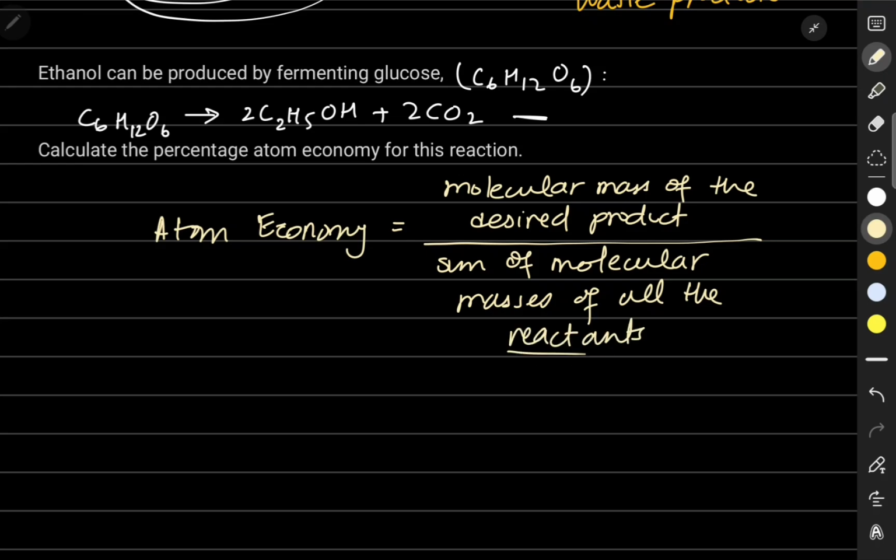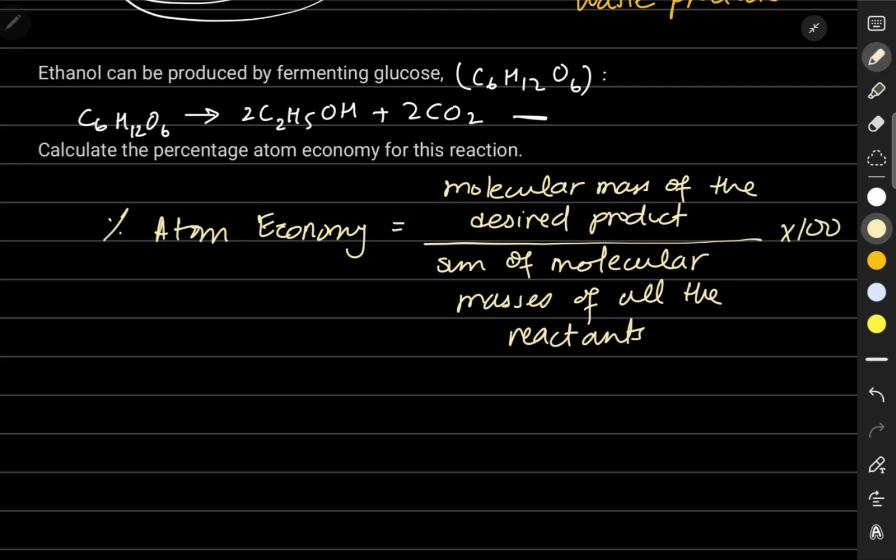I'm not writing products here, I'm writing the sum of the molecular masses of all the reactants, not products. And since it says calculate percentage atom economy, you're going to have to multiply this by 100.